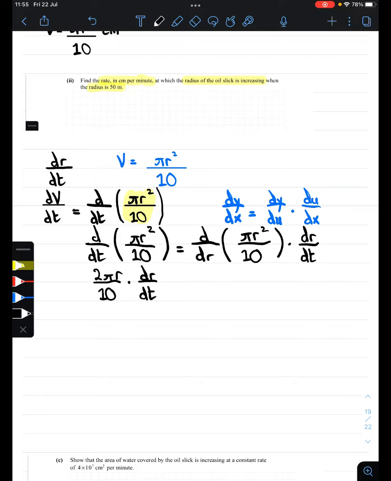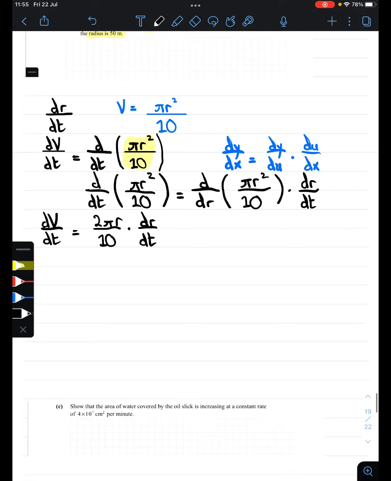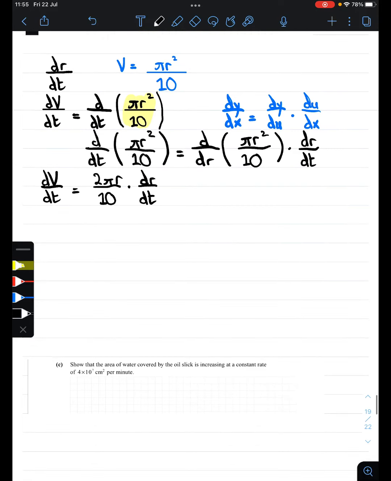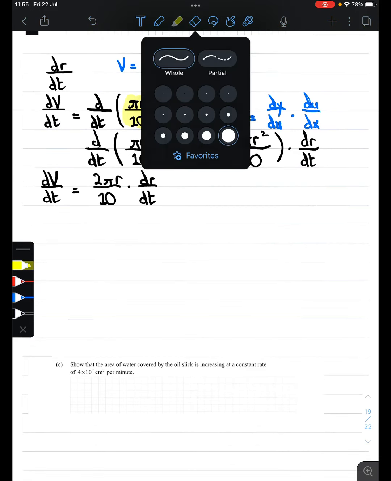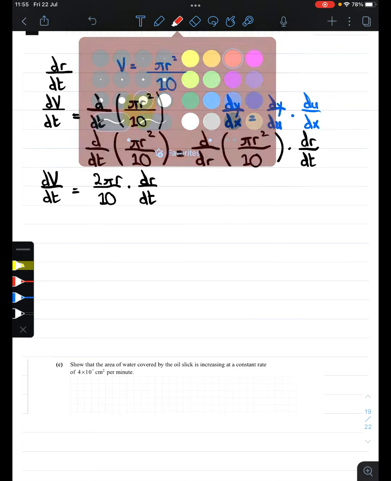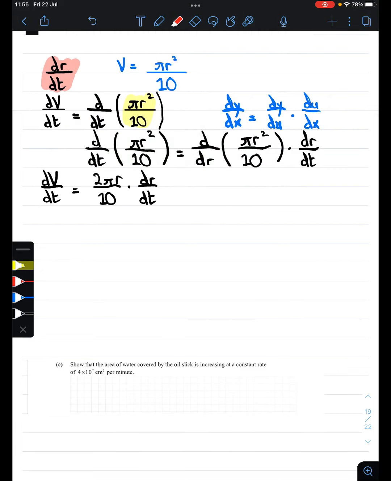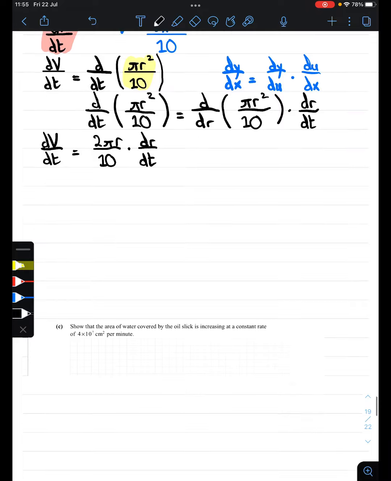Okay, so now we have dv dt equals 2 pi r over 10 by dr dt. Okay, and we're looking for dr dt. So we have this expression and we're looking for this.